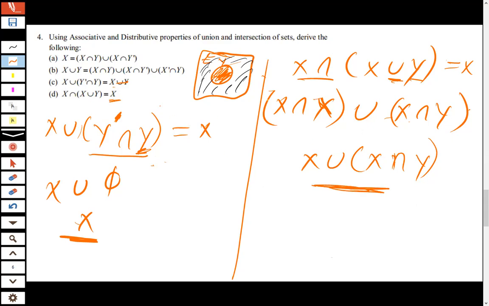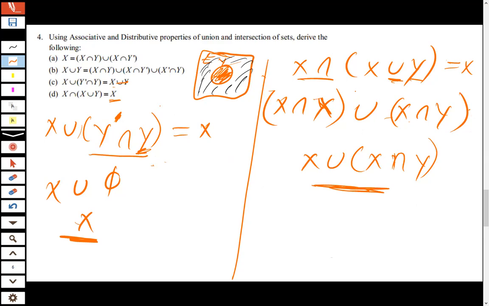This would have given us X if one of these had a complement, maybe it would have made sense. Or if they had said in the question that X and Y are disjoint sets.